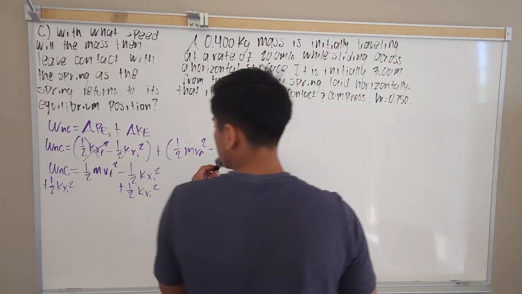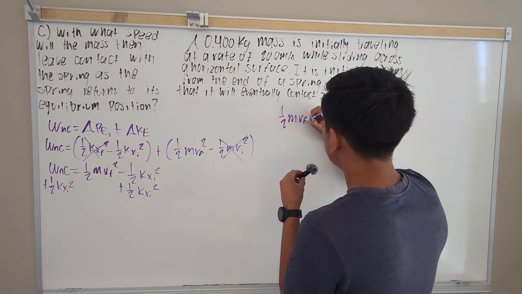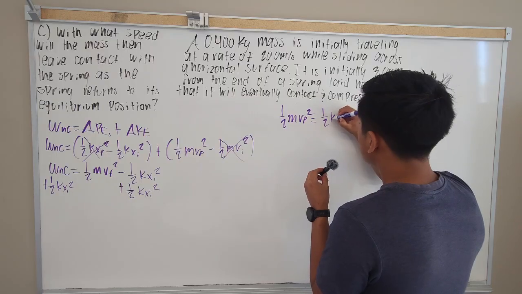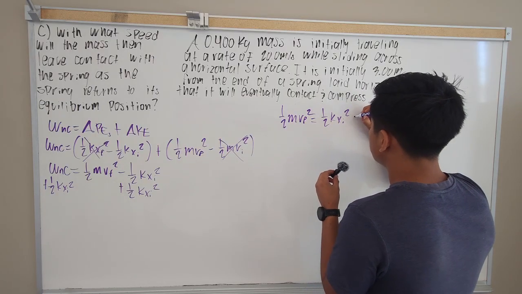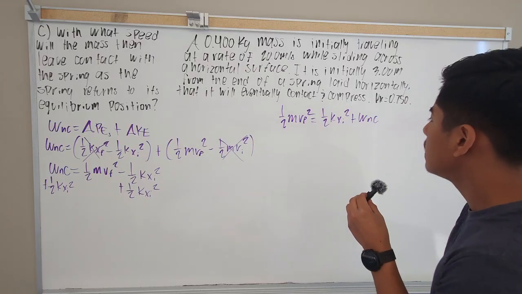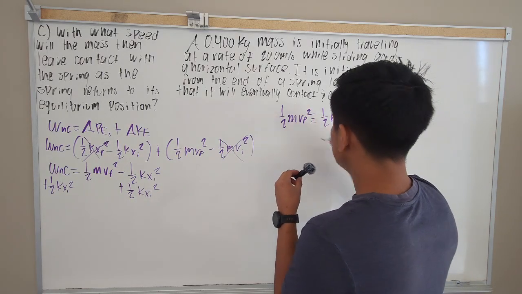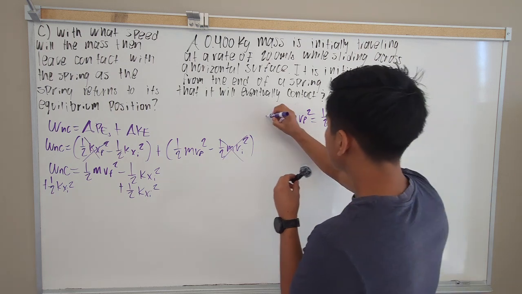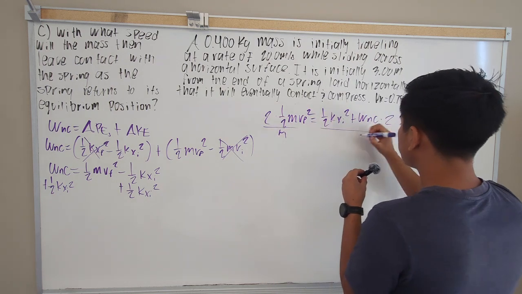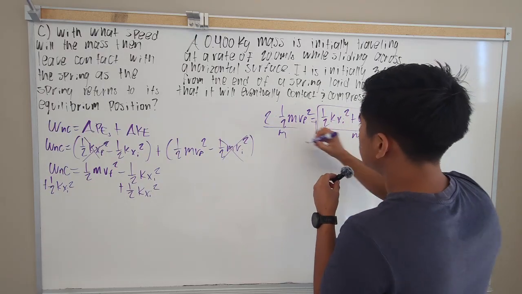So then we'll have that 1/2 m v final squared is equal to 1/2 k x initial squared plus the work done by the non-conservative forces. And again, we're isolating for v final, so we'll multiply both sides by 2, and then divide both sides by m. And then finally, we'll take the square root of both sides.